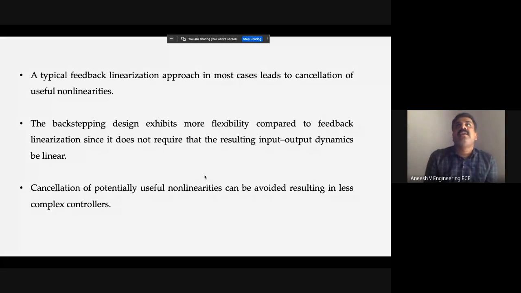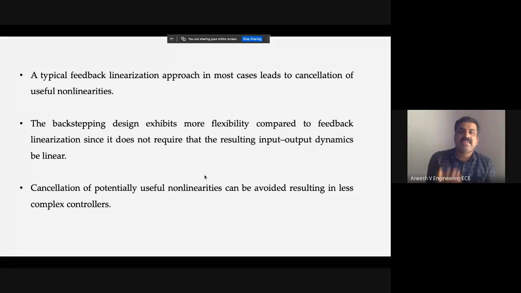That means if we are using a P, PI or PID controller, we cannot directly apply that controller to a nonlinear system. We need to do feedback linearization or other linearization techniques. Even in a discrete case, we need to linearize it, take a system or controller based on that, and again convert back.